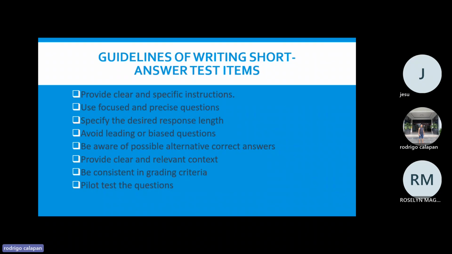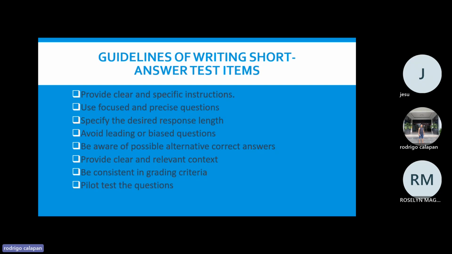And then number 8 bullet, pilot test the questions. Before using the short answer test items in a formal assessment, you have to conduct a pilot test with a small group of students to identify potential issues, ambiguities, or difficulties. This will allow teachers to refine the questions and ensure their effectiveness.